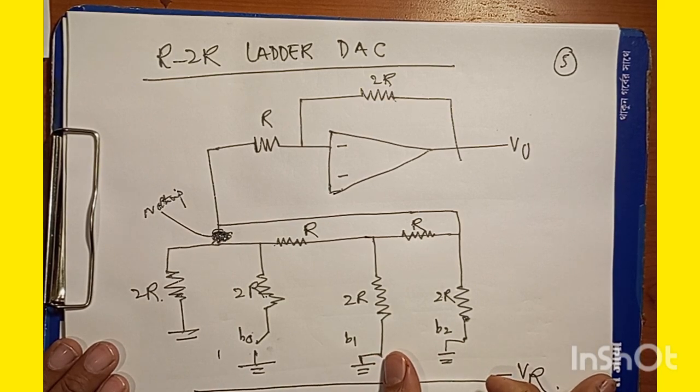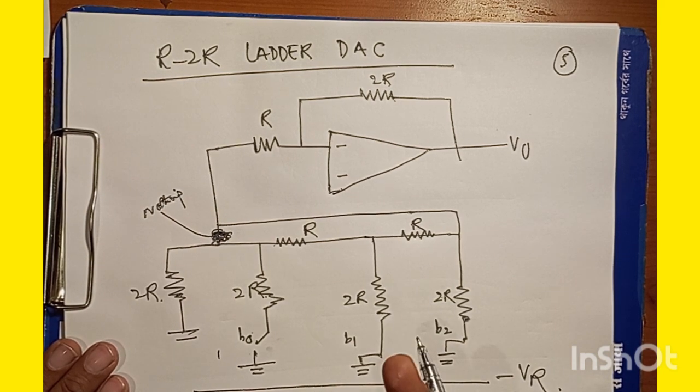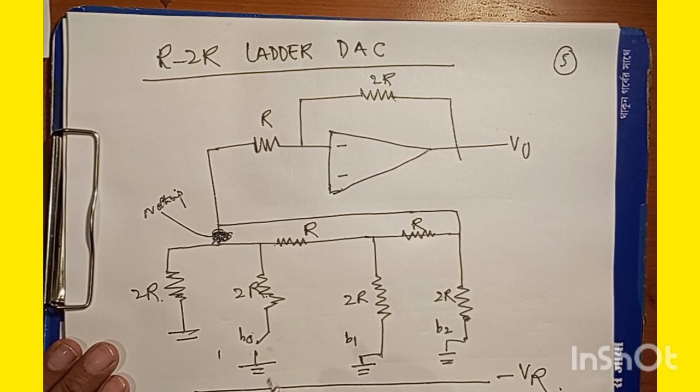Now, the digital switches that we have shown here will be connected to the ground when the corresponding input bits are equal to 0. Similarly, the digital switches will be connected to the negative reference voltage minus VR when the corresponding input bits are equal to 1.